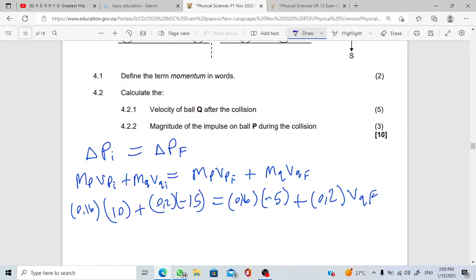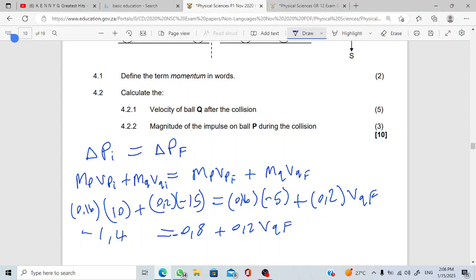Overall this side you are going to have negative 1.4, which equals negative 0.8 plus 0.2 VQF.